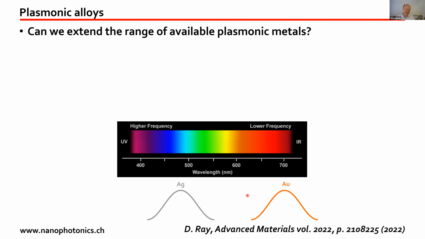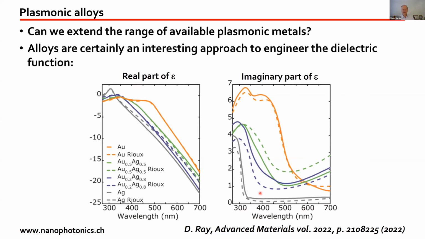Something very trivial to do, since you know that gold and silver work well, is just to do alloys. So to mix them in different proportions, and then hope that by doing that, you will have nanostructures which will have resonances at different wavelengths. This works actually well if we just focus here on the dielectric function again as a function of the wavelength of these alloys.